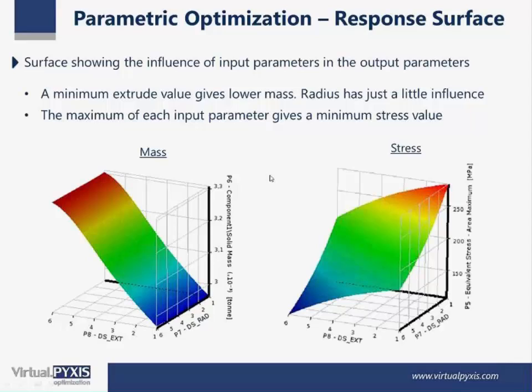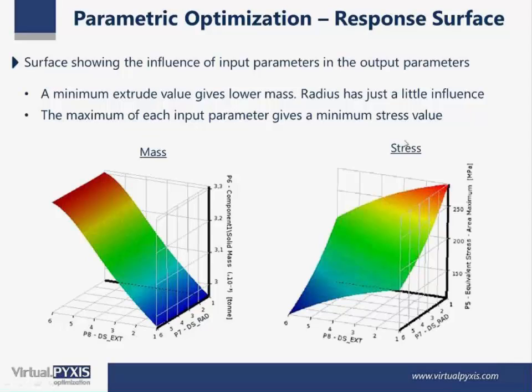So here, for example, in this graph, you can see both input parameters, in this case the extrusion and the radius, and you can compare these input parameters, what happens to the mass and the stress.